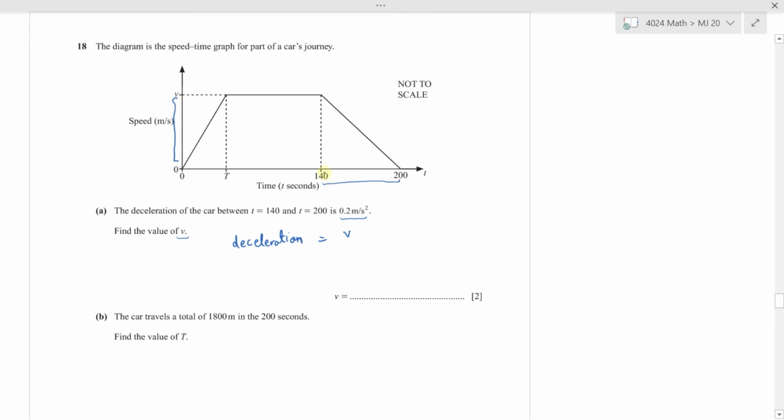And what is the change in values of x? This is 200 minus 140, which is 60. You're given that your deceleration is 0.2. So 0.2 equals v over 60. This will give you v equals 60 multiplied by 0.2, which is 12. So your value of v is 12.